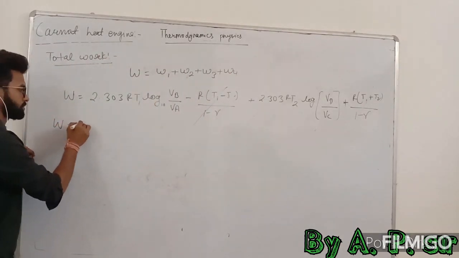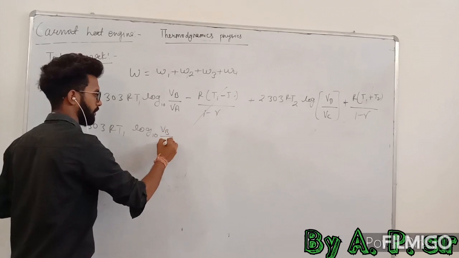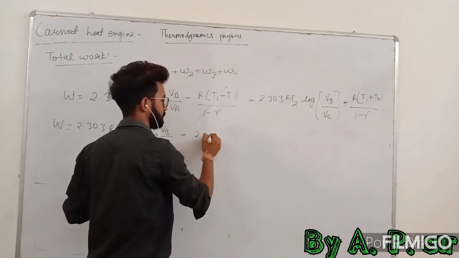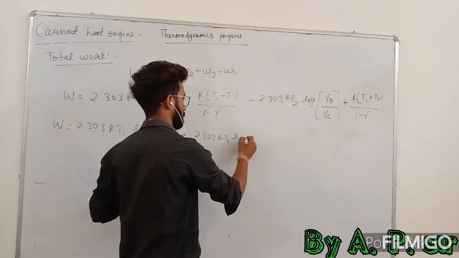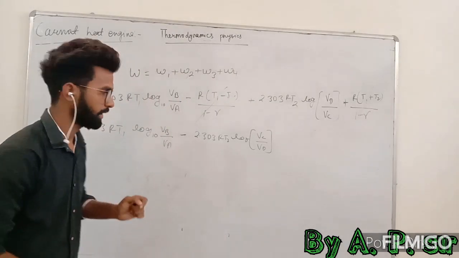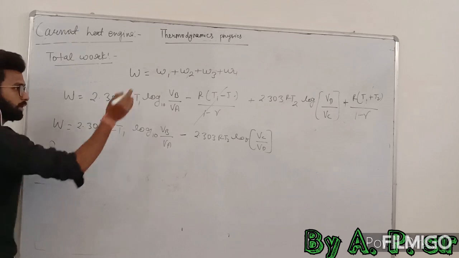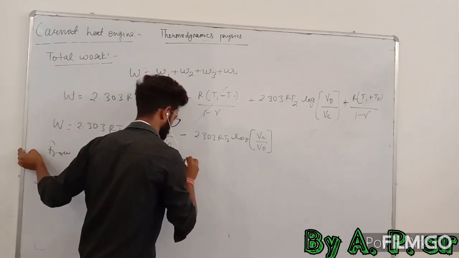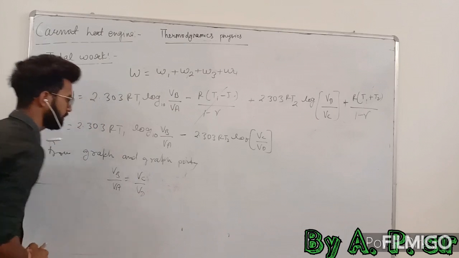Next, W equals 2.303 R T1 log10 VB upon VA, and common minus 2.303 R T2 log10 VC upon VD, where we interchanged VC and VD and so have a minus. From the graph, the points give VB upon VA equals VC upon VD.